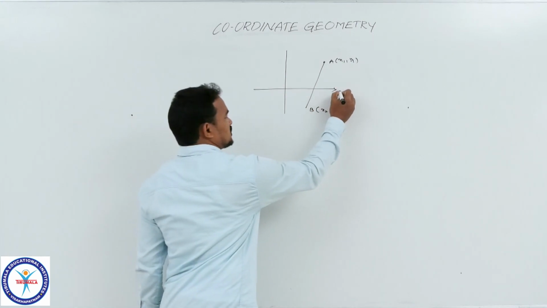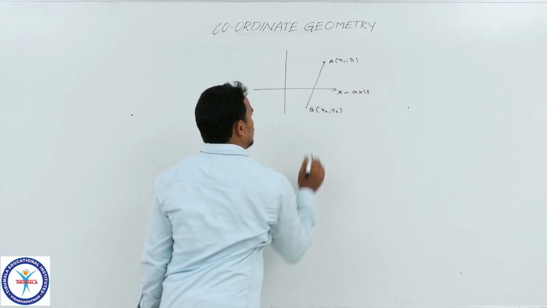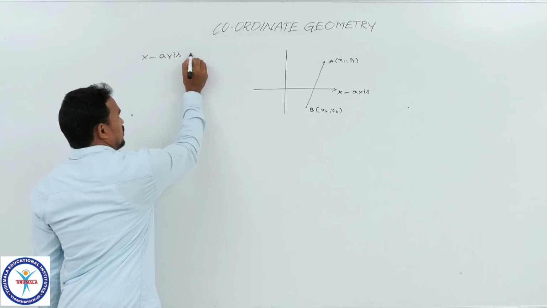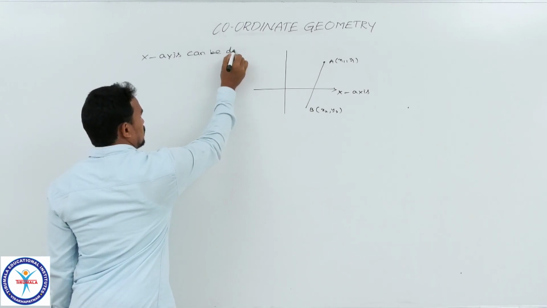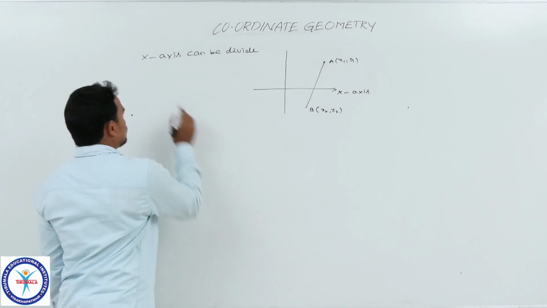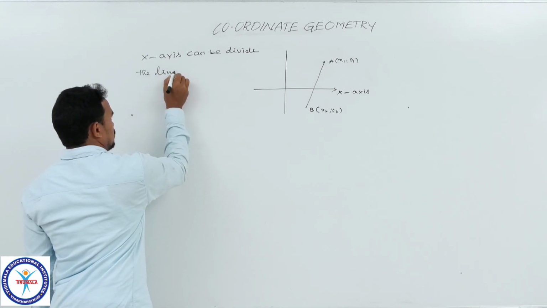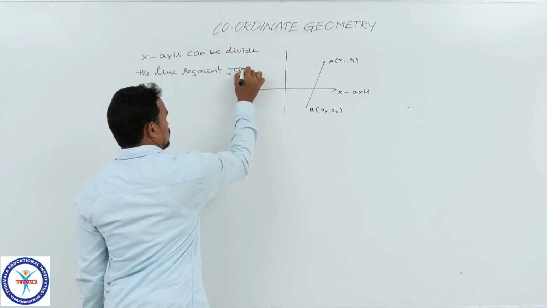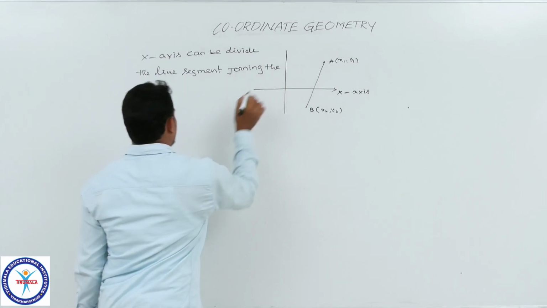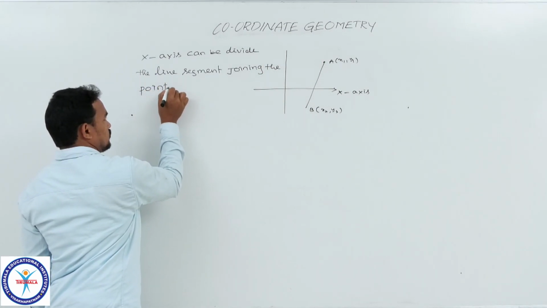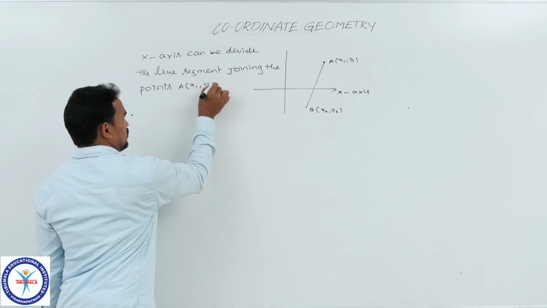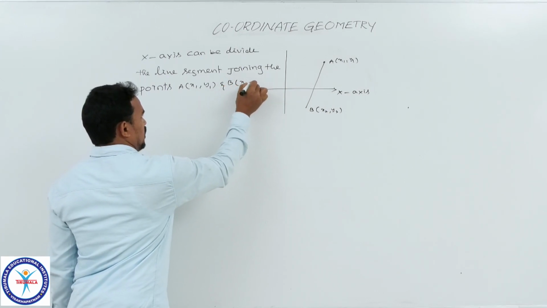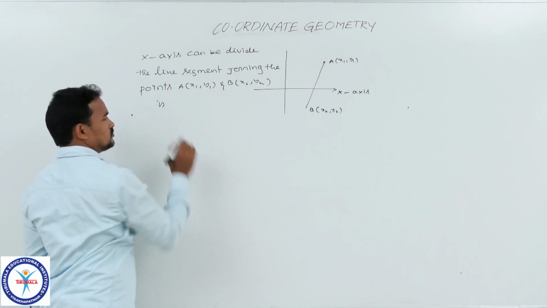Now the x-axis divides the line segment joining the points A of x1 comma y1 and B of x2 comma y2 in which ratio?